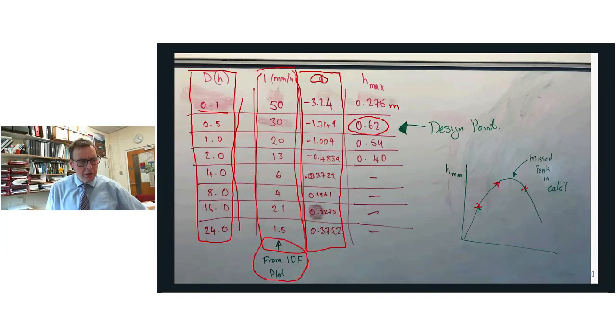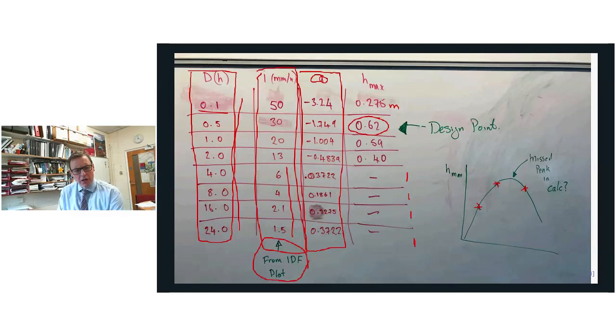What you find is the equation doesn't give you viable answers for these events here. The issue is your intensity is quite low, so it's infiltrating into the ground just as fast as it's raining. So basically it's saying you don't need any filter trench depth at all.